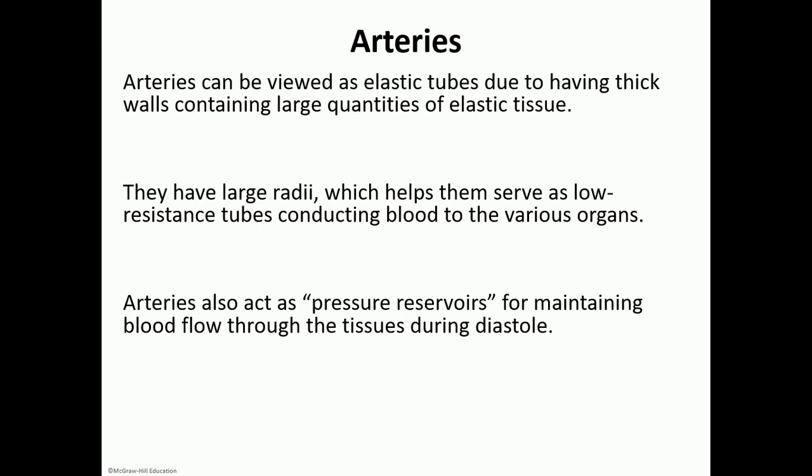When the ventricles contract, all of that blood goes into the artery, which is kind of like a balloon. It's able to accommodate that blood, and then because of the elastic recoil, it can recoil back into its original shape. And that's because of that elastic tissue that's in there.